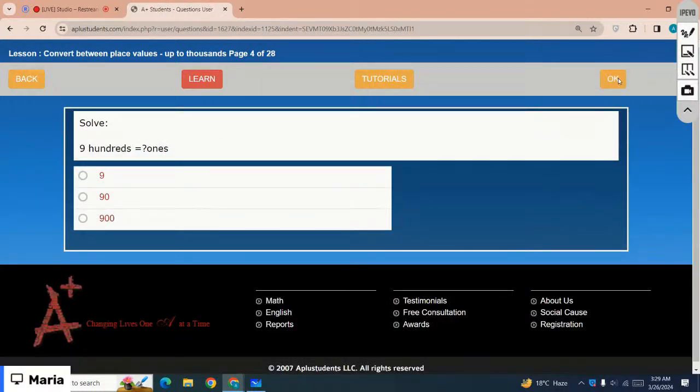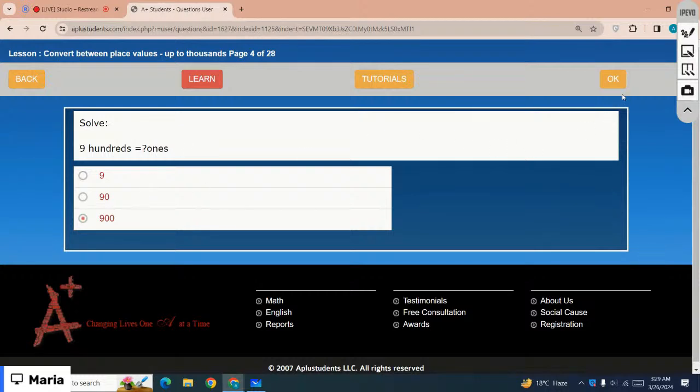900 equals how many ones? 900 equals, yes, 900 ones it is.